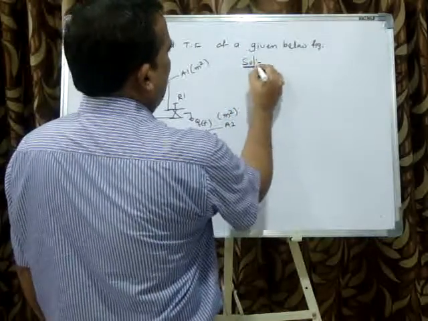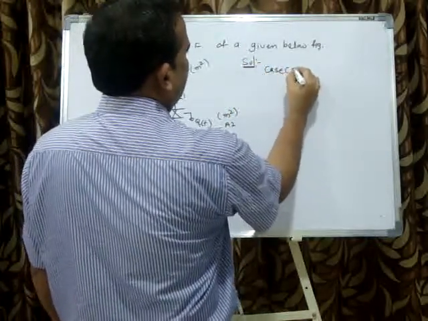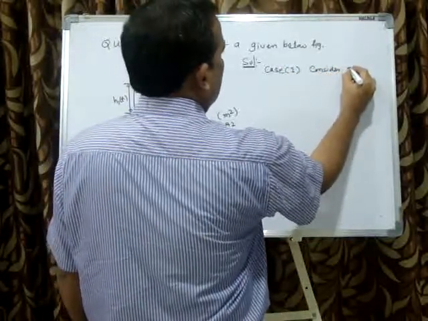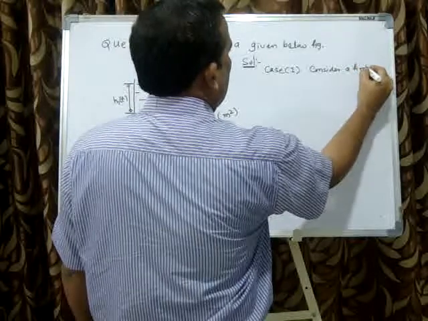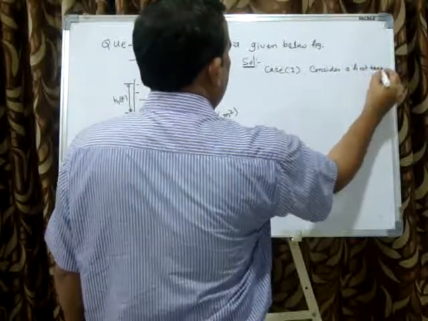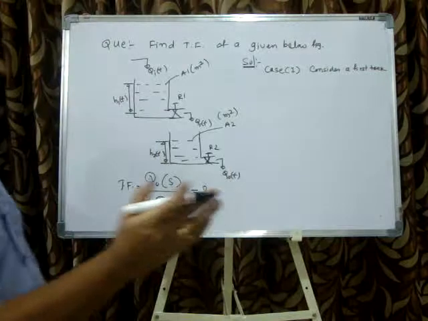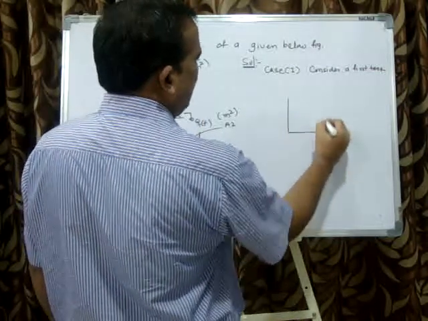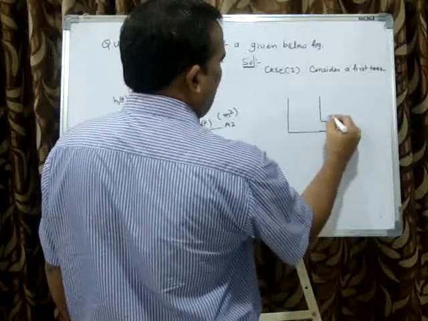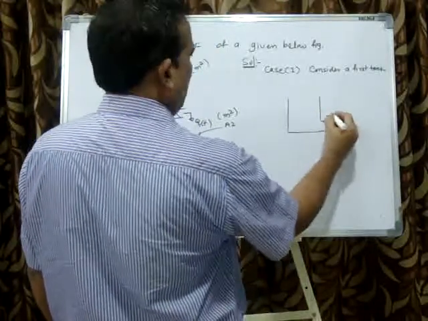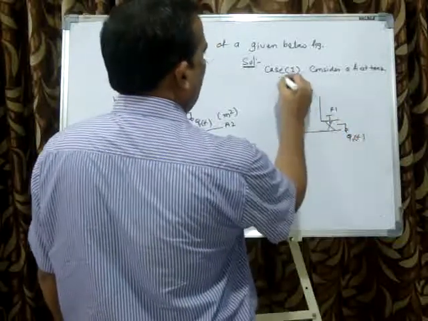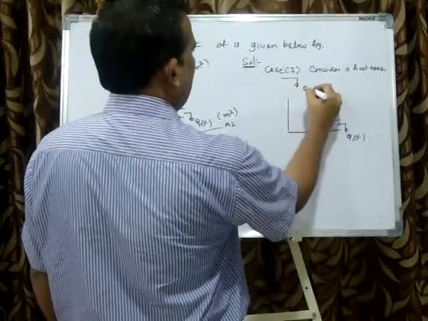Solution, case 1, consider the first tank. You can consider the first tank independently because these are parallel. If both were in series, then it would be very difficult to consider the first tank and second tank separately. In the first tank, I already solved this in the previous problem, so directly I can apply the rule.